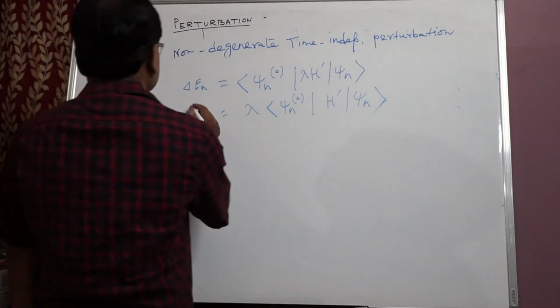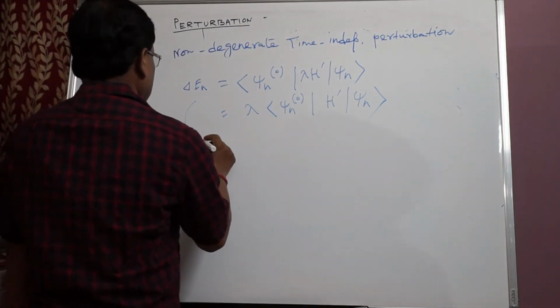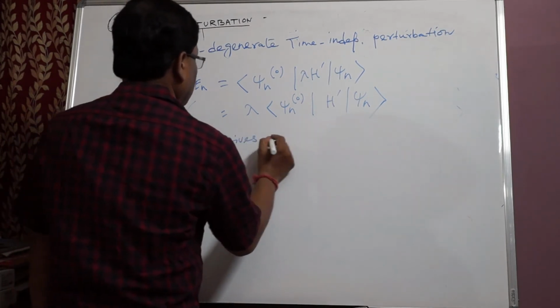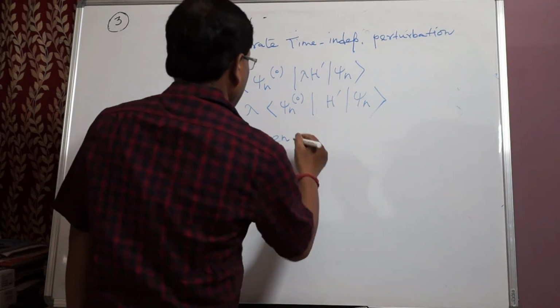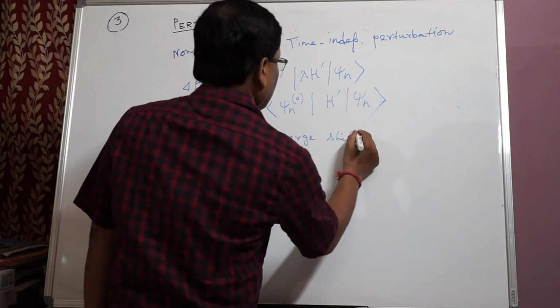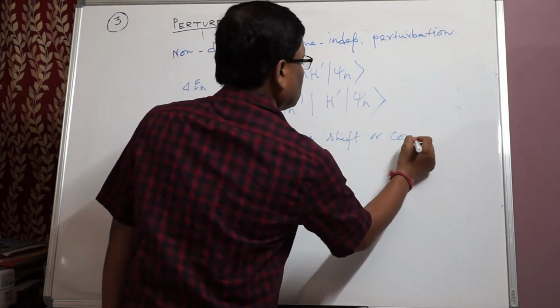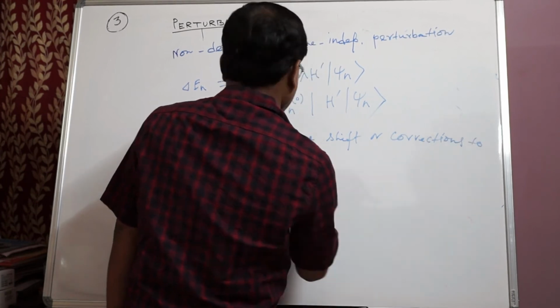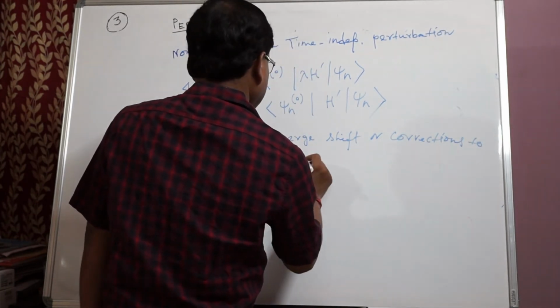unperturbed energy. So this gives energy shift or corrections to the nth energy level.